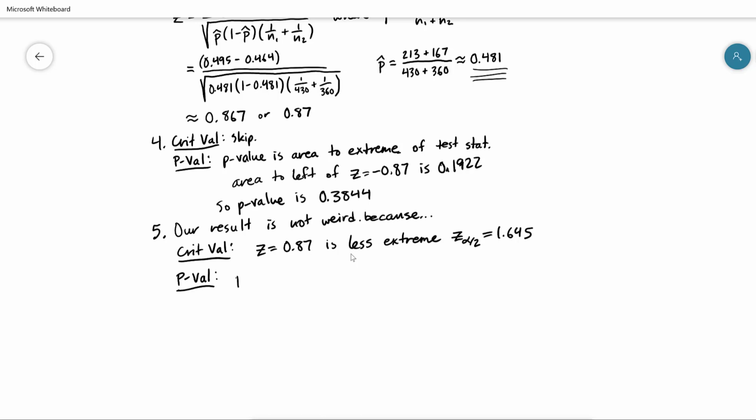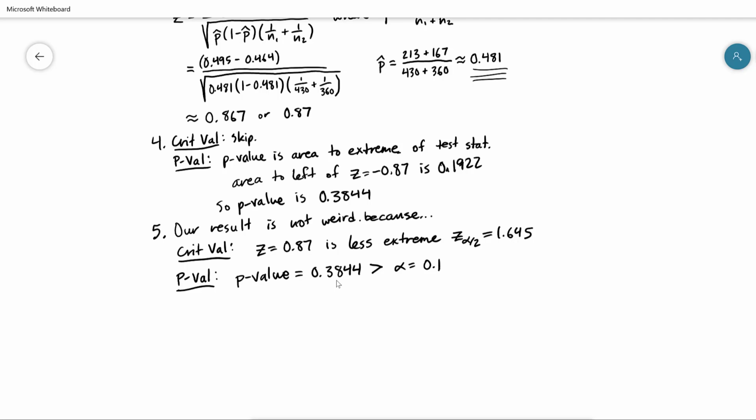And if we're doing the p-value method, instead of comparing two z-scores, I will compare the two areas. And in this case, it's because our p-value, which is 0.3844, is greater than the significance level, which was 0.1. We said we'd consider something weird if it had less than a 10% chance of happening. It turns out that ours has like a 38% chance of happening.